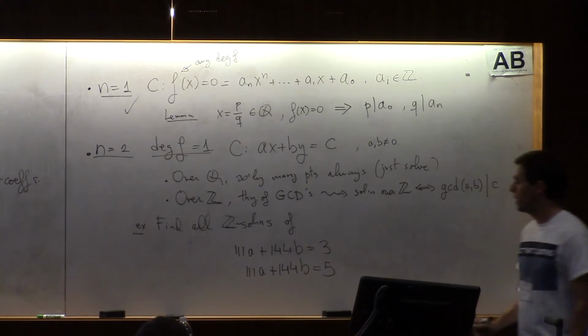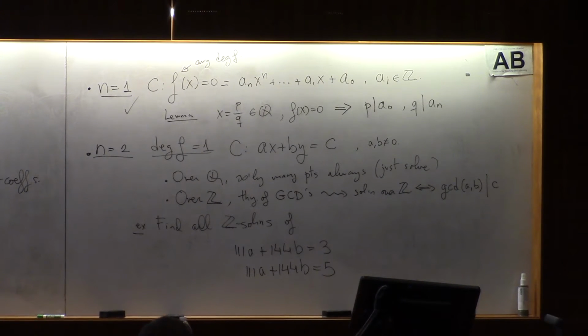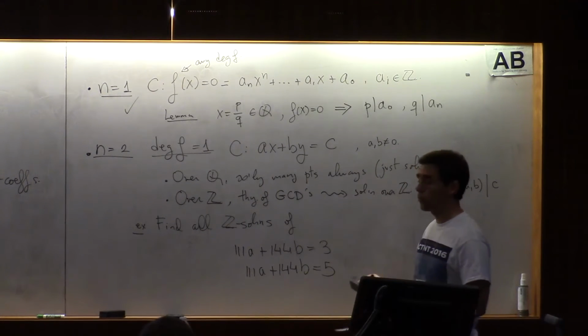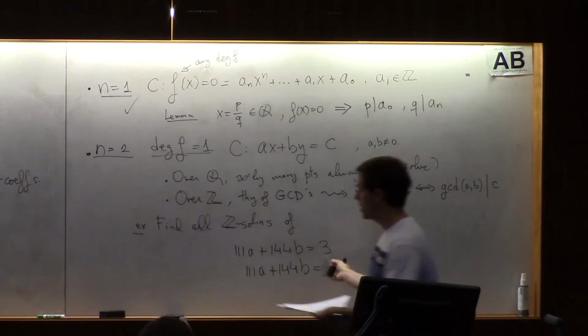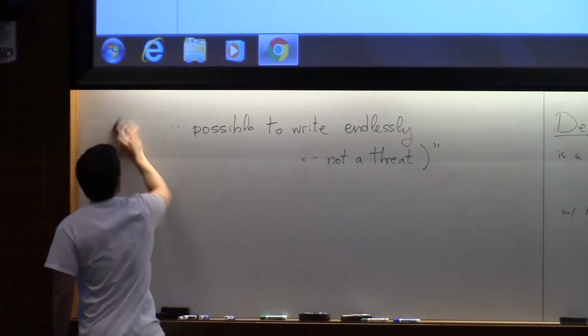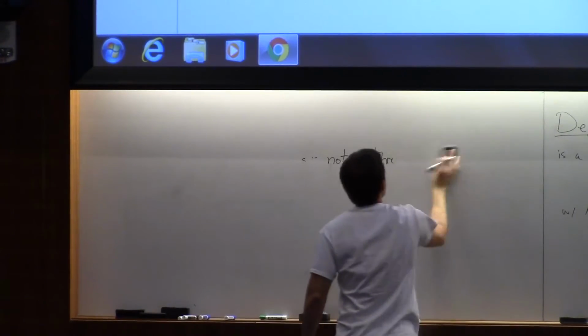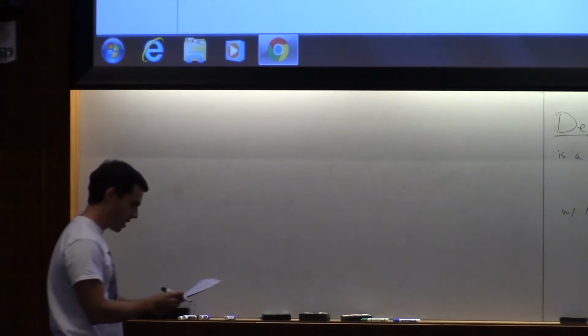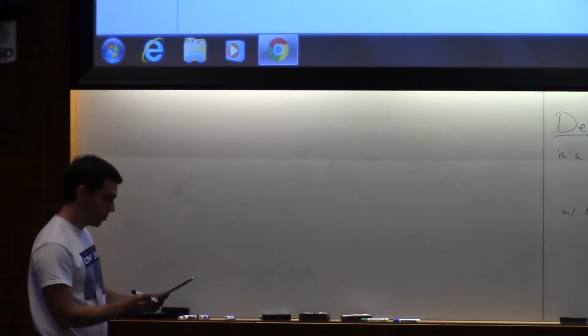Two lines that are very similar end up having completely different behavior: one will have infinitely many points and the other will not, because of this. So you can try that out. All right, so we're done.